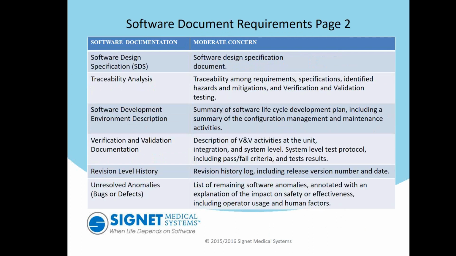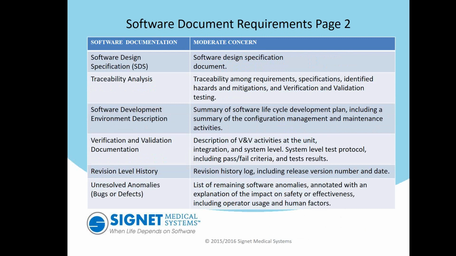Okay. As you can see, there's also another page full of these documents: software design specification, traceability analysis, software development environment description, verification and validation document. This is where you're going to find a lot of the work is going to be involved in, and we'll talk about this a little bit later. Your revision level history.